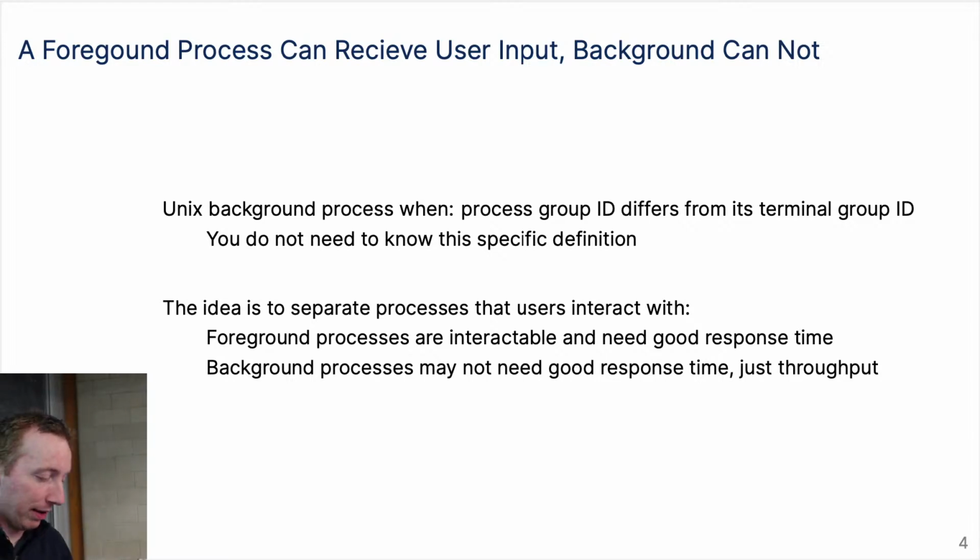In Unix, you can also background processes yourself when the process group ID differs from its terminal group ID, but that's something you'll never see. If you look in htop, you might be able to see those numbers, but that's just good to know. Essentially it just means it's not connected to a terminal. You do not need to know the specific definition. The idea again is just to separate processes that users interact with. For foreground processes, you can prioritize good interactivity and low response time, while for background processes, you might just care about lowering the average waiting time.